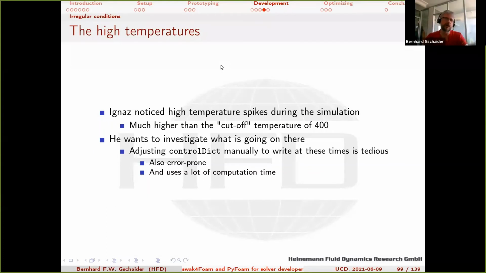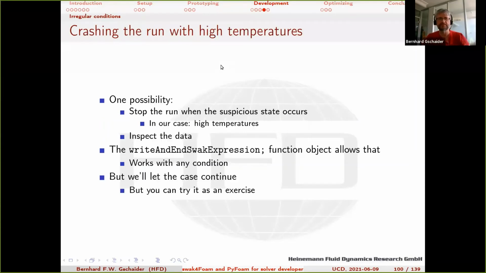One of the things is he could look at the graph, say, okay, there's a temperature of 700 at the time 0.135. So I'm going to manipulate the control dict in such a way that I'm sure that this time step is written. But that's quite error prone, and it also uses a lot of computation time, because if you want to investigate another event, then you have to redo all these things.